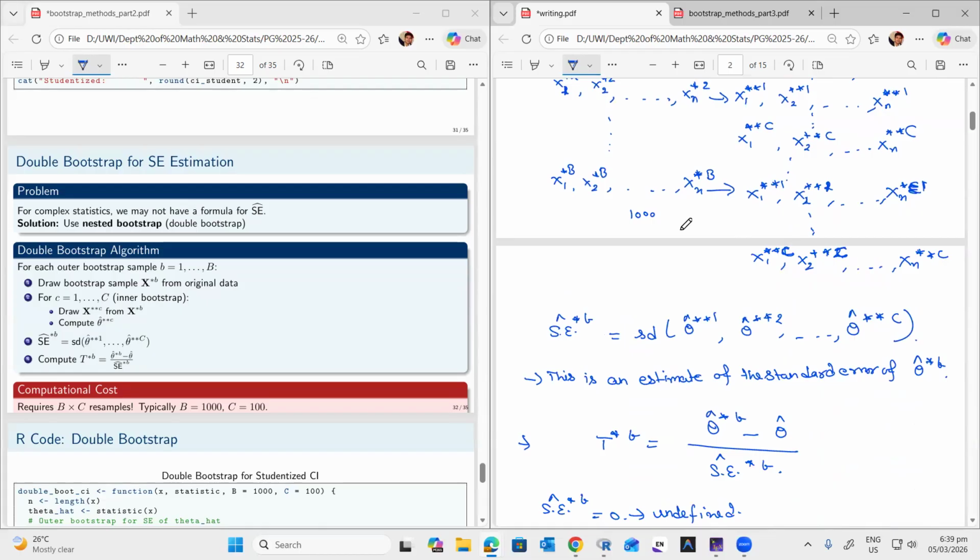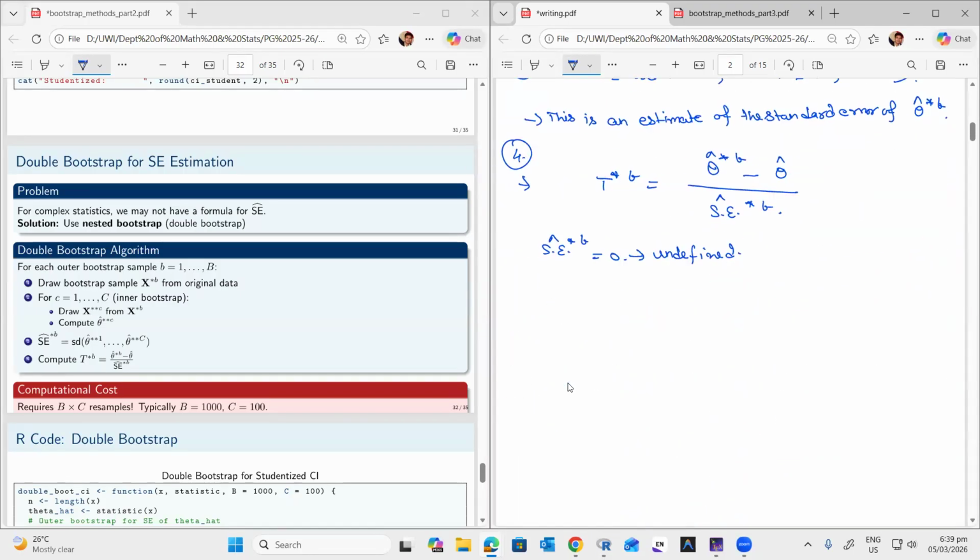After that we calculate the standard error, that is step 3, and after that we calculate T star B, that is step 4. Then we repeat steps 2 to 4 for all B, from 1 up to capital B times.